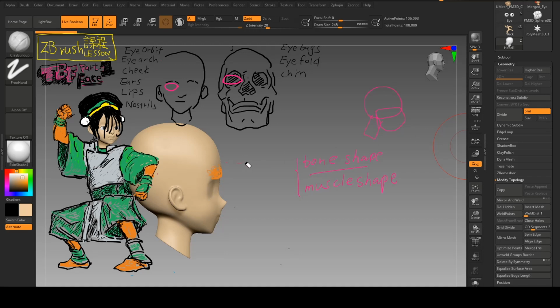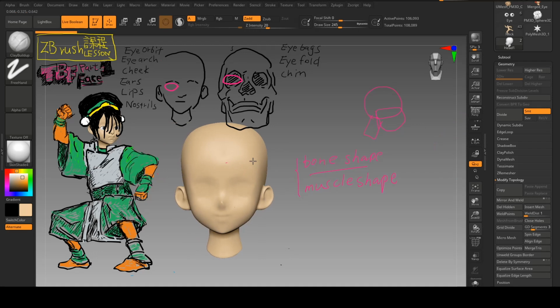But apparently, if you sculpt a more happy face, this orbit is not only bone but also the skin and muscle. This muscle goes up.